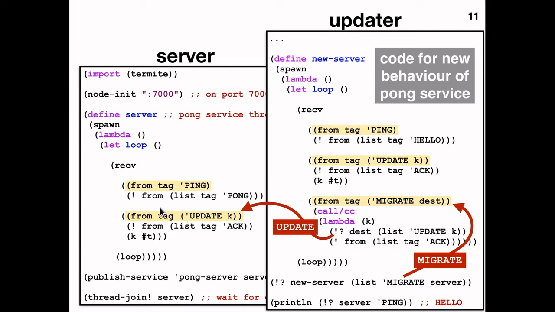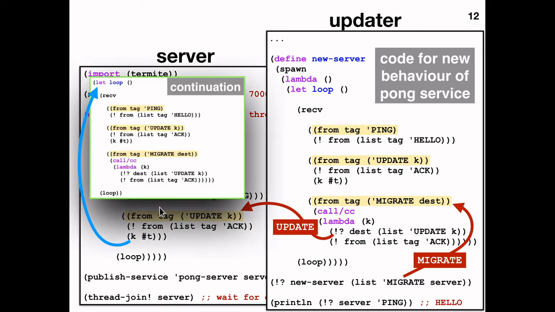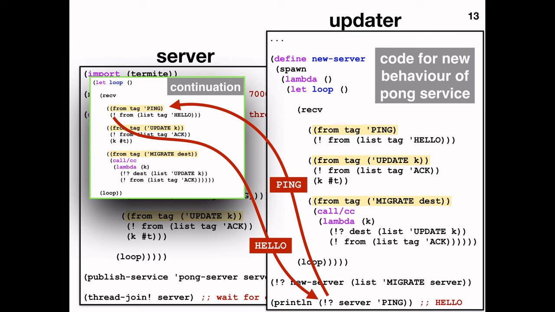This destination node then calls the continuation to jump into its new behavior. After that, if you send a ping request to the server, it will reply hello instead of pong. So the code was updated without even restarting this service.